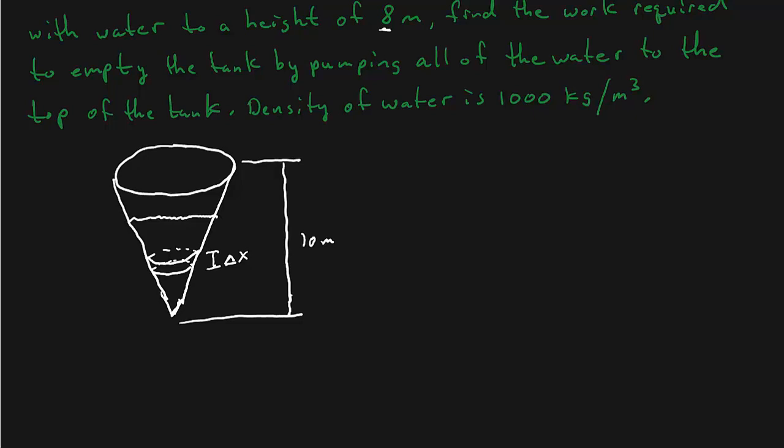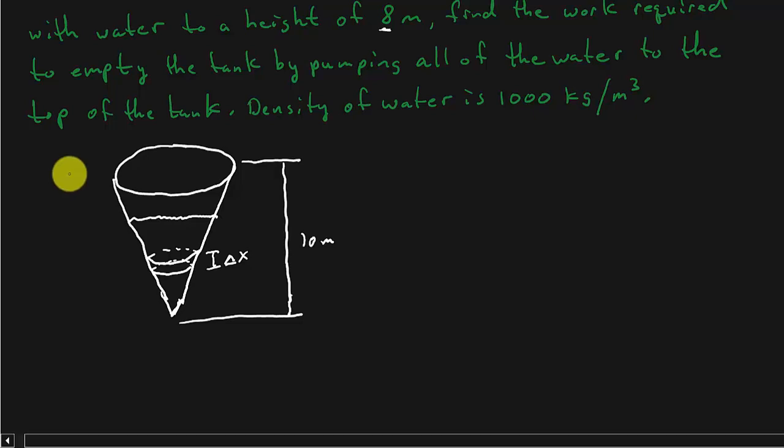All right, so let's finish drawing this out. The distance from the top down to that little slice, we'll call that x. And then we know the distance from the top to the water is 2 meters, because the height of the water is 8 meters and the whole tank is 10 meters.